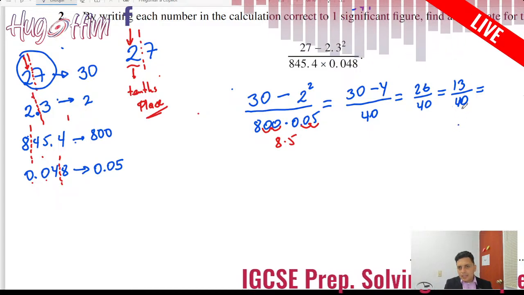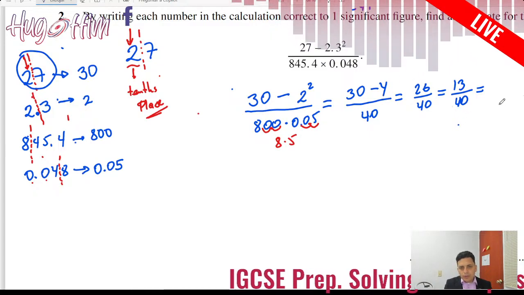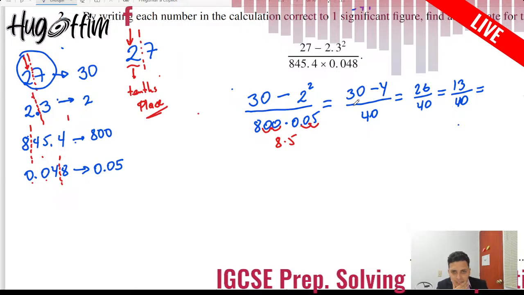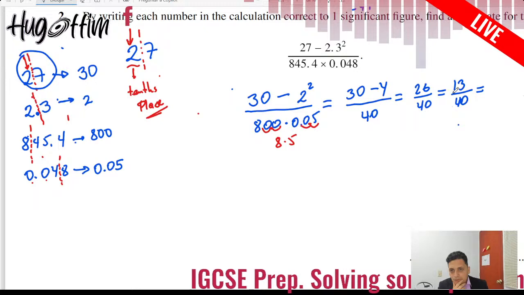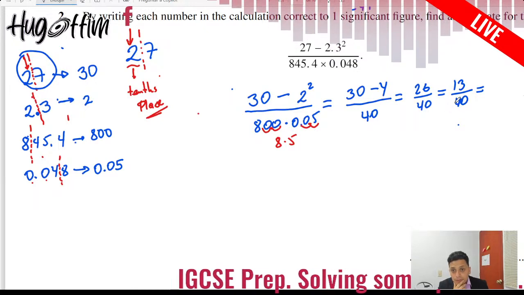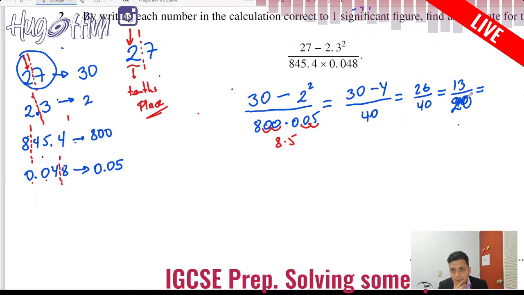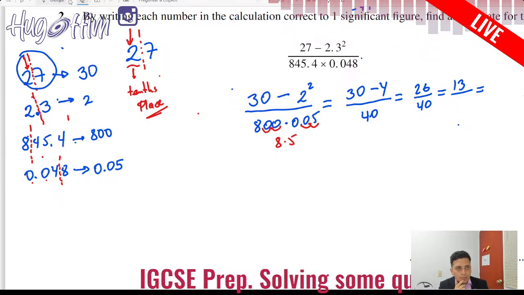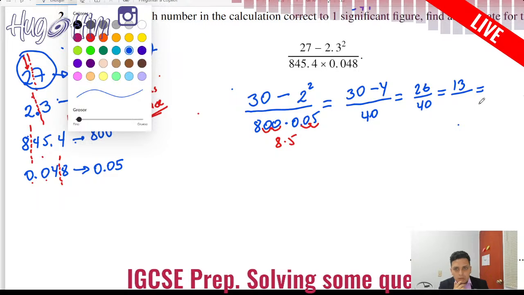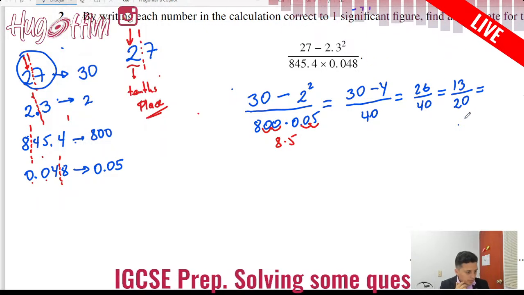And now I need to do 13 over 40. But let me see if I didn't make another mistake. 30 minus 4, 26. No, it's correct. 13 and 40. 40 divided by 2 is 20. Okay. Thank you.